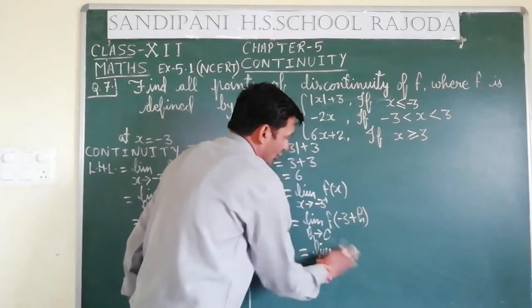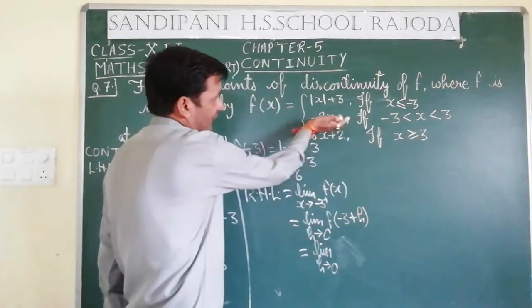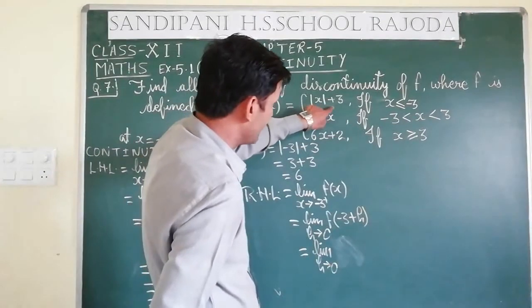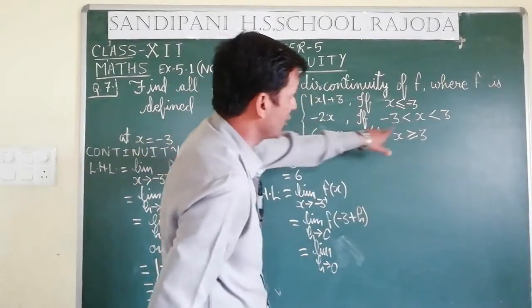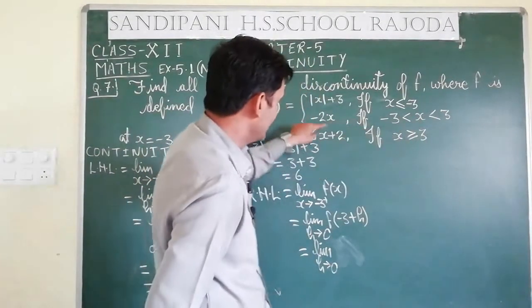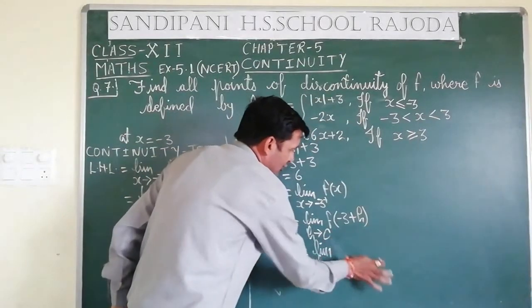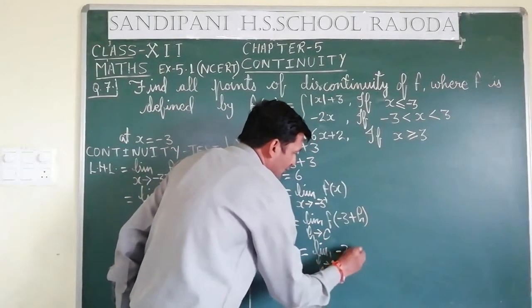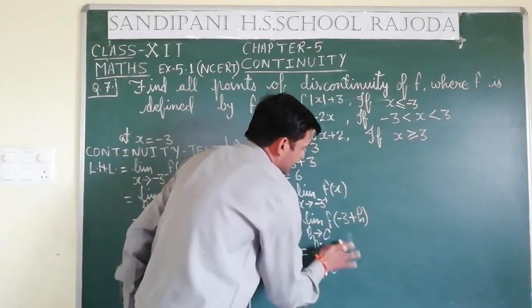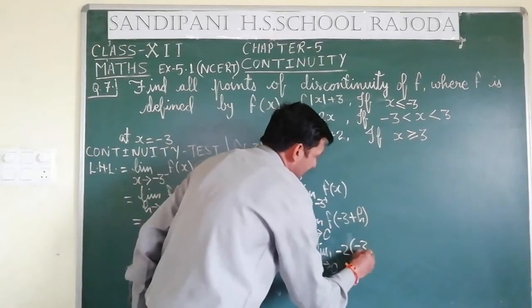This is the part you have to remember: you should not apply that here now, because for greater than minus 3 this will be applicable. So, it will be minus 2 into x, that value of x is minus 3 plus h.